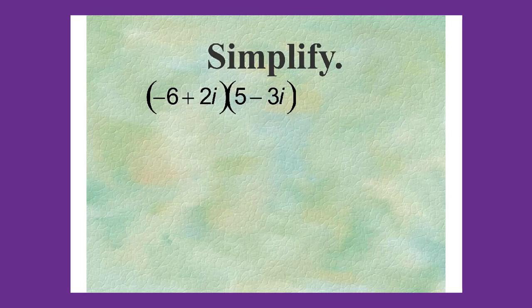One more example, still FOIL. And we got -6 times 5, -30. -6 times -3i is 18i. Then positive 2i times 5, that will be 10i. Then positive 2i times -3i, that means -6i squared.